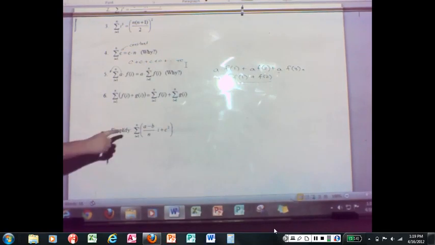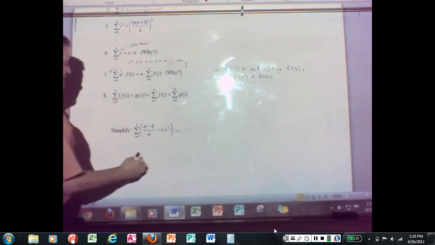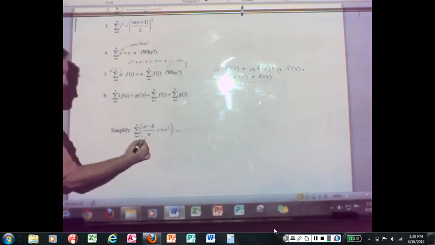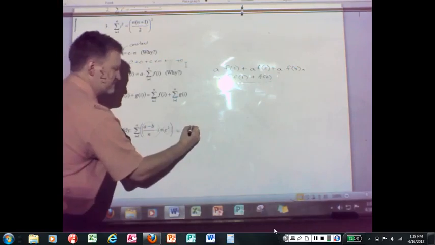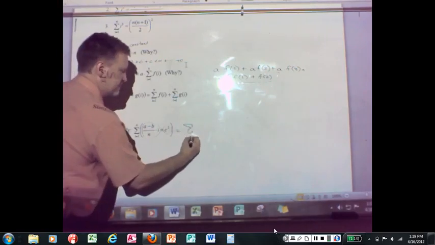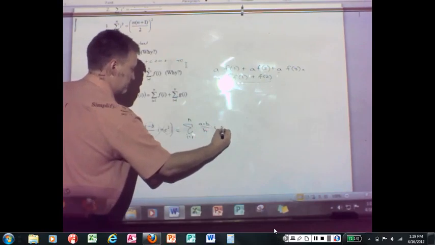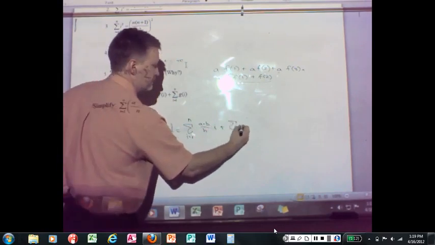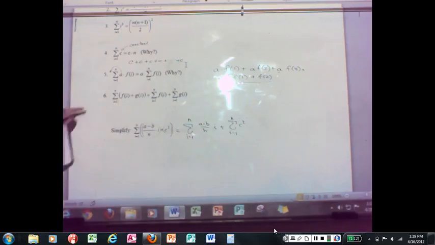Okay. So all that being said, here's something we might encounter in just a moment. Let's simplify this sum right here. Well, by property 6, since I've got two things added together, I can separate those into separate sums. See what I did there? If two things are added together, you can separate them into two sums.